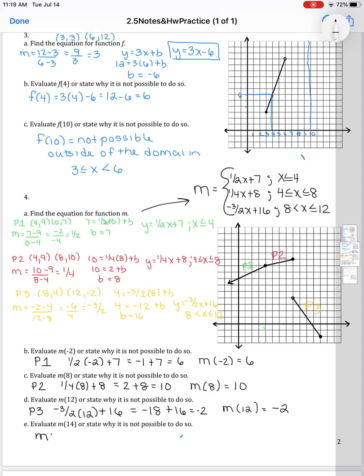And I end up with negative 18 plus 16, which is negative 2. So that means m of 12 is equal to negative 2. And for m of 14, it's not possible. Okay? The reason it's not possible is because it is outside the domain.